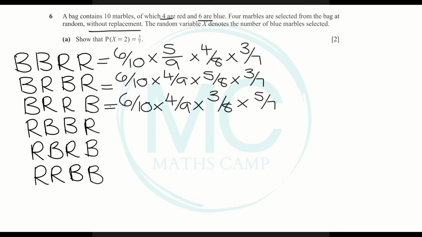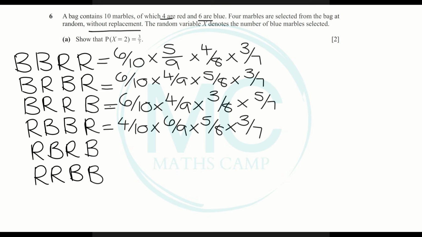Let's look at our fourth option. A red marble first, 4 out of 10. And a blue marble, 6 out of 9. And another blue marble, 5 out of 8. And a red marble, 3 out of 7.